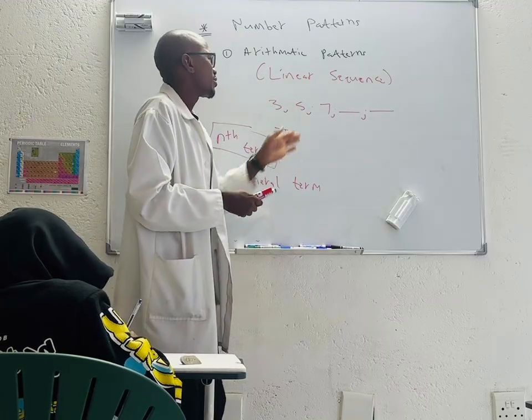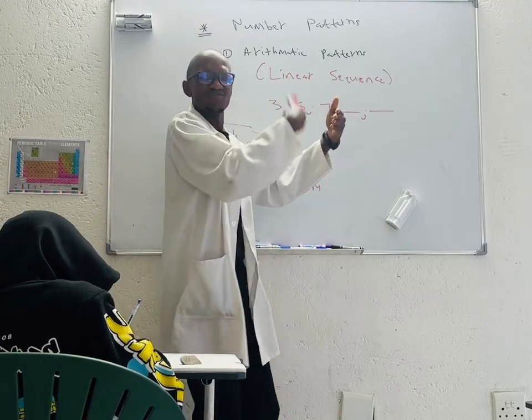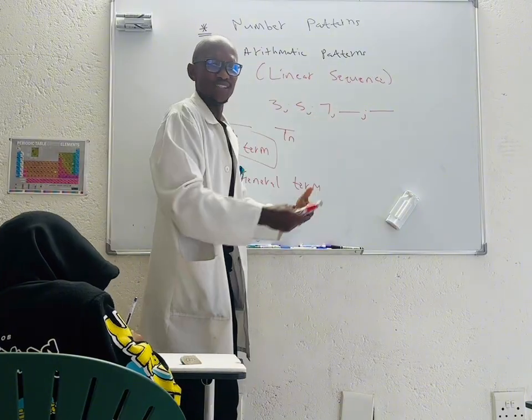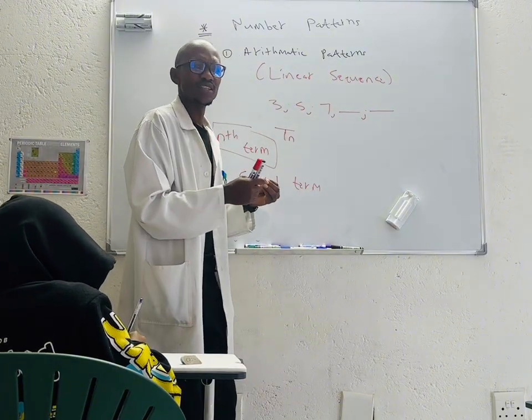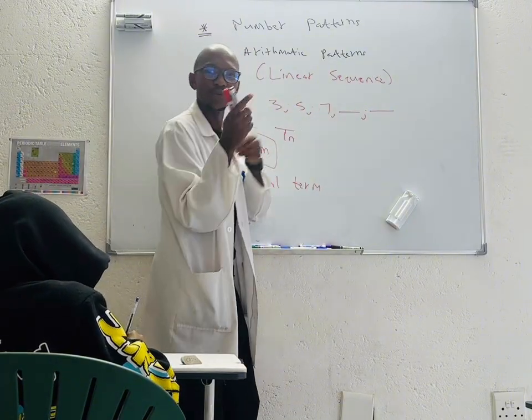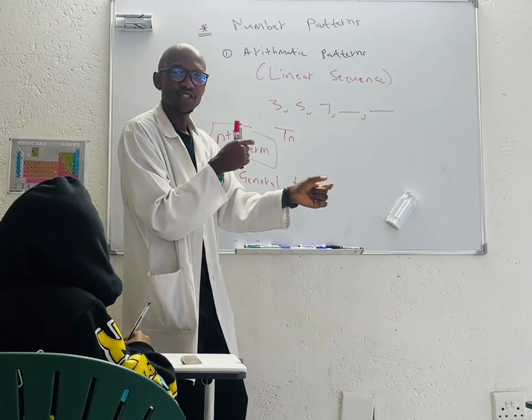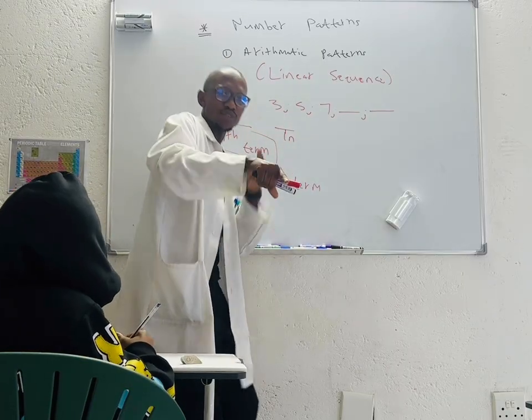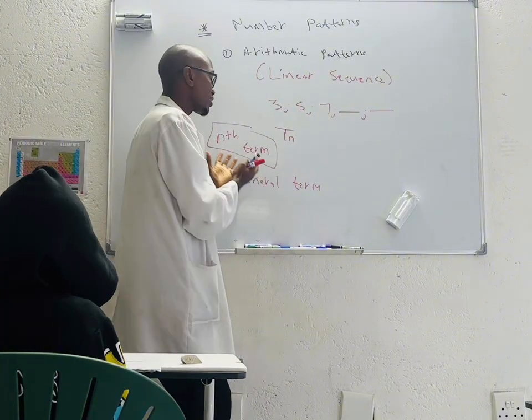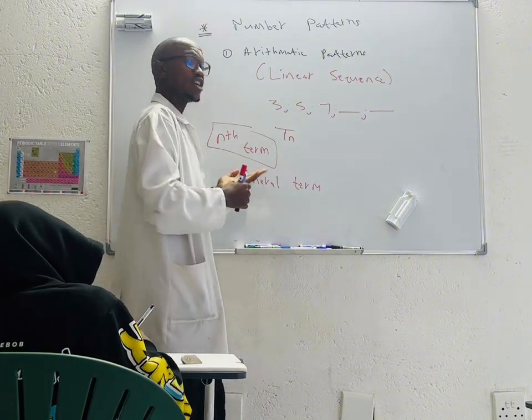If they give you the position and want the value of that position, for example position 5, you use the formula. That is the importance of the nth term or general term.